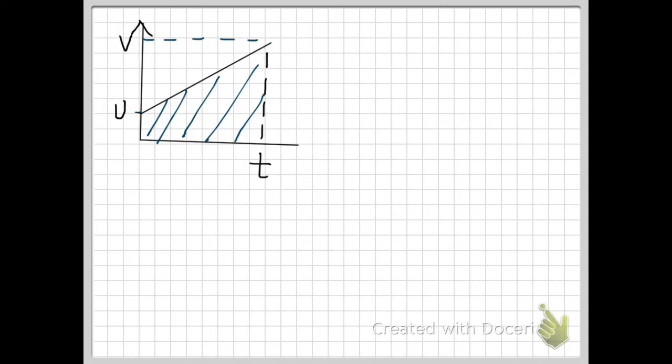So for the area of a parallelogram, I'll just use red, we take this and this as the sides, and this as the height. So t is the height, and a and b, which are the sides, are u and v.